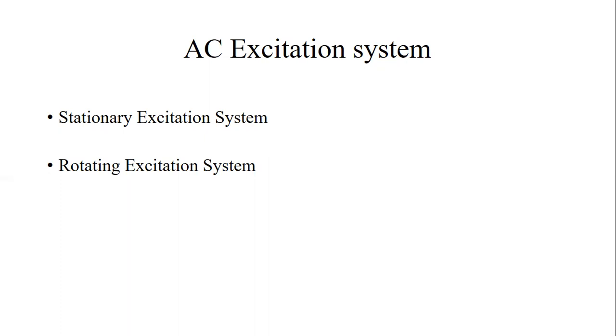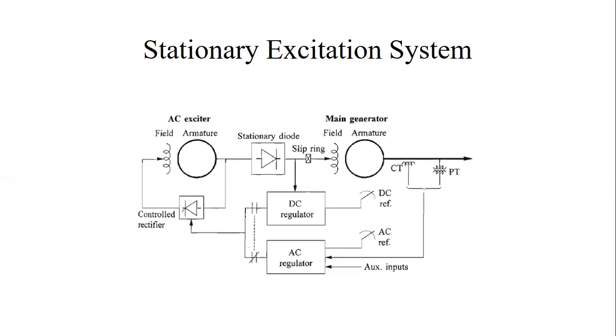There are two types of AC excitation systems. One is the stationary excitation system and the other is the rotating excitation system. Let us discuss the stationary excitation system. With stationary rectifiers, the DC output is fed to the field winding of the main generator through slip rings.